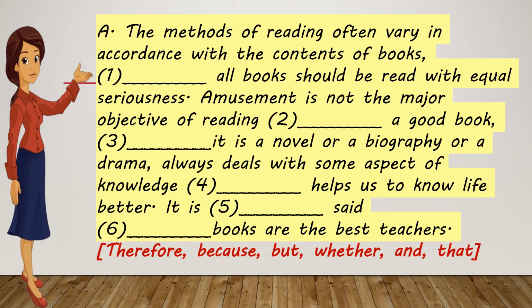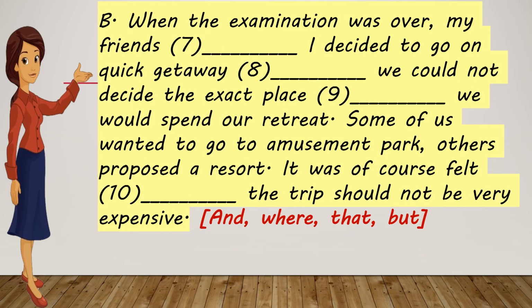Blank, a good book, blank, it is a novel, or a biography, or a drama, always deals with some aspects of knowledge. Blank helps us to know life better. It is blank, said blank, books are the best teachers. So here are the choices: therefore, because, what, whether, and that. Okay, letter B.